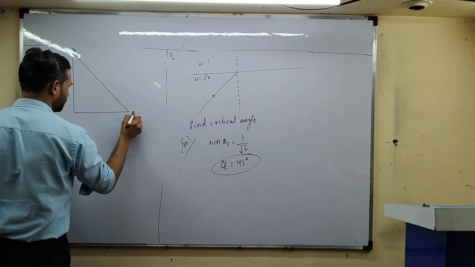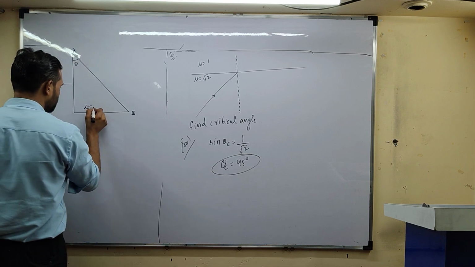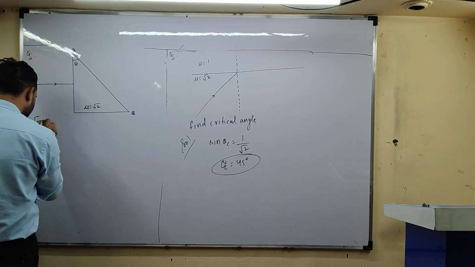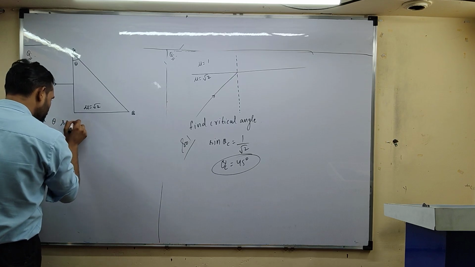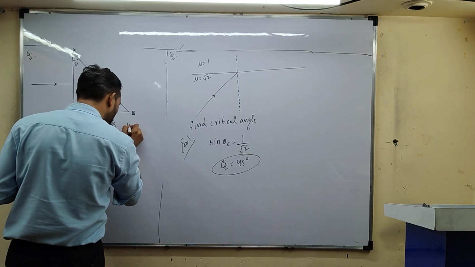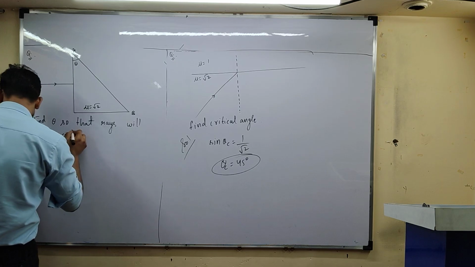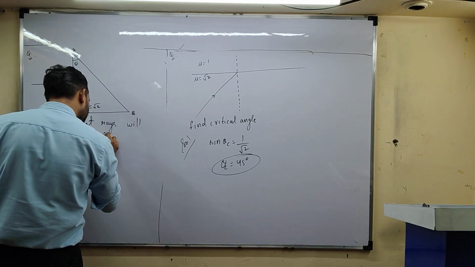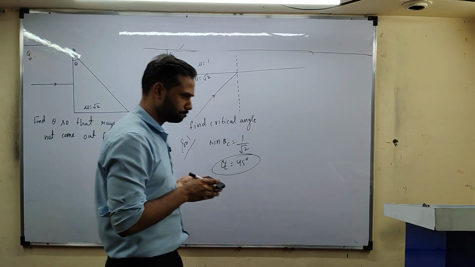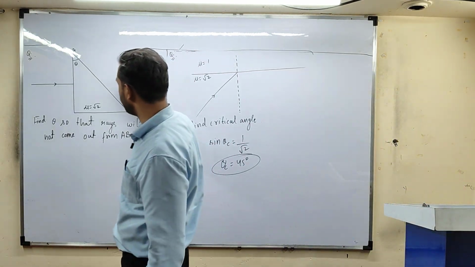A, B. This is theta. Mu is equal to root 2. Now the question is find theta so that rays will not come out from AB. Outside is nothing but the air medium.